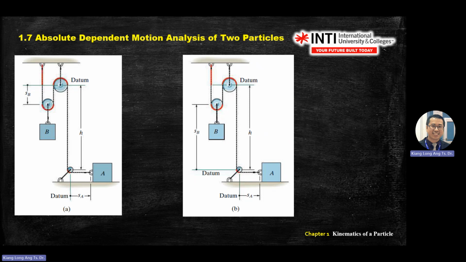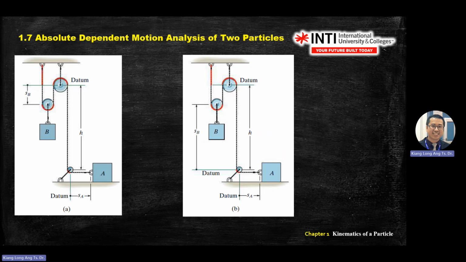When you change the datum, your solution changes already. This is what we did just now: SB goes down positive, SA goes this direction positive. But now I change my datum from here, positive goes up. Then the datum goes this way.